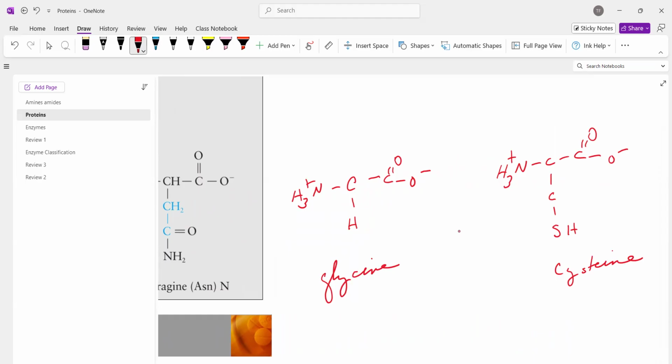And the reason is this thiol group here can easily hook on to heavy metals. I'm going to talk about that later. Because of that, that's where mercury is bad for you. That's where lead is bad for you, because it latches onto that cysteine amino acid permanently.